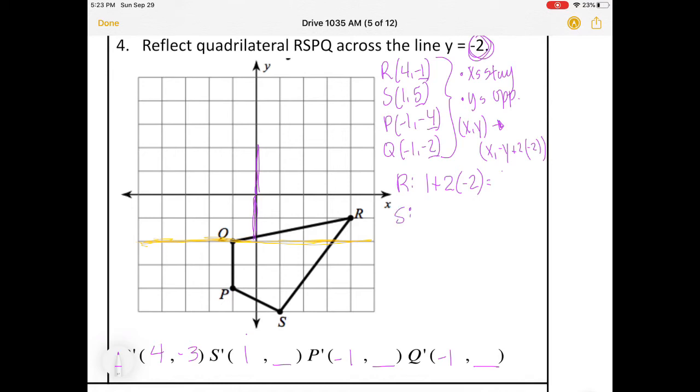Okay, if you paused, you should have made negative 5 its opposite, which is positive 5, and then plus 2 times negative 2. Give me just a second here, lost my spot.